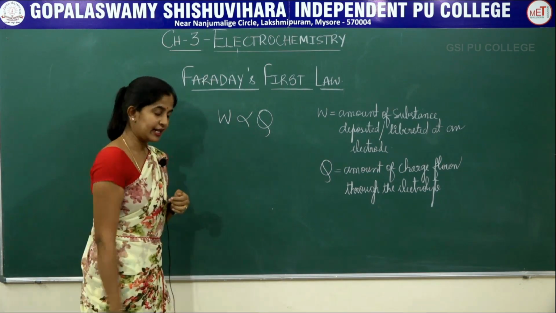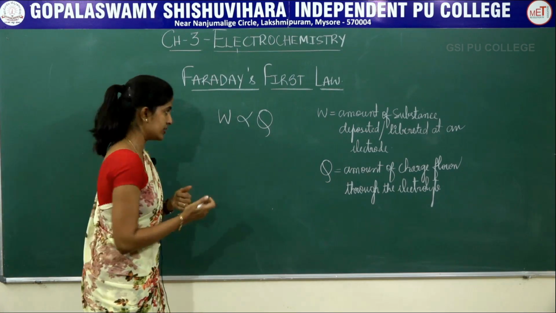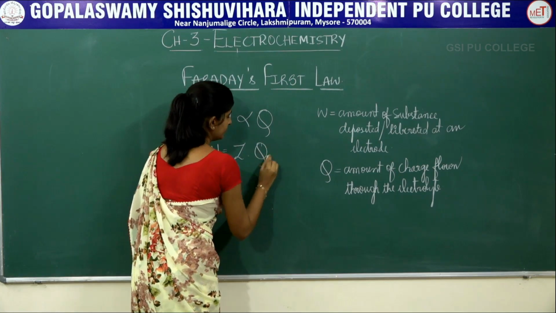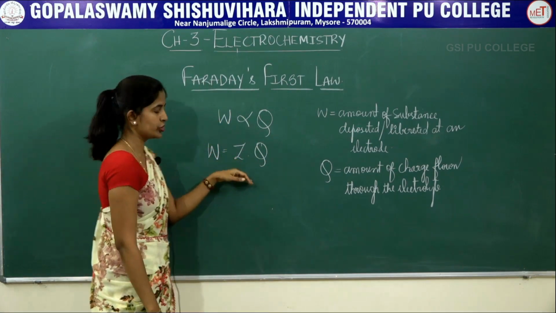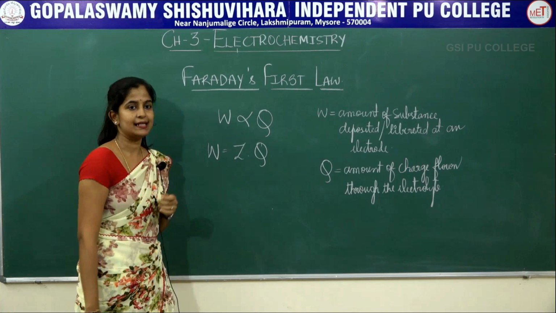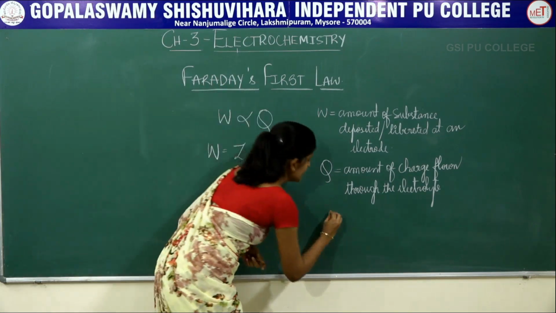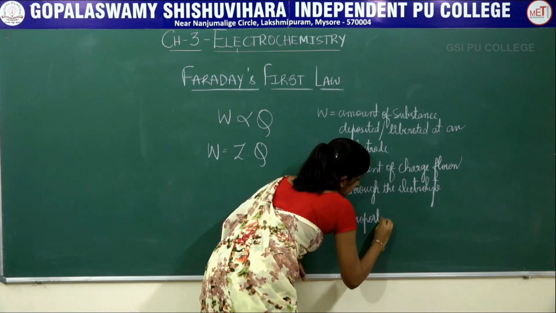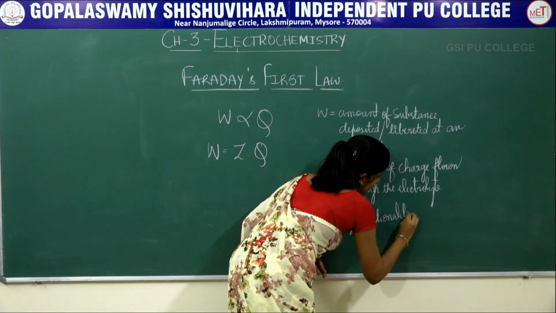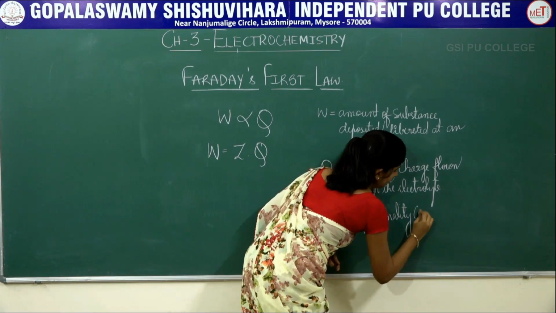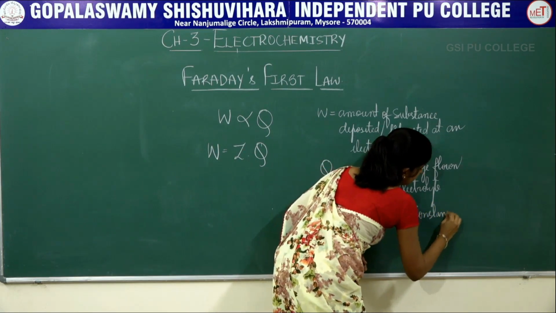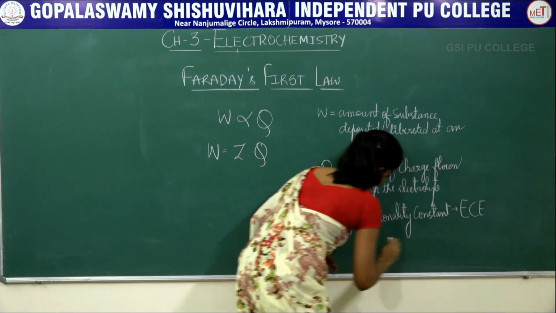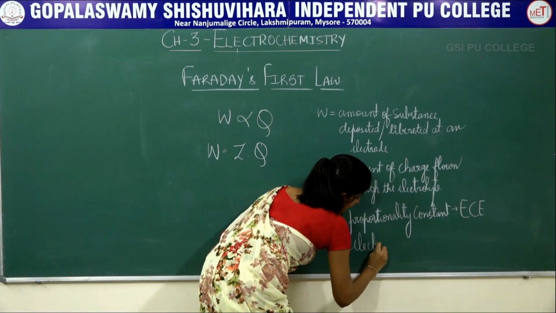This proportionality, I can remove using a proportionality constant, that is W is equal to Z into Q. Here Z is your proportionality constant, which is also called electrochemical equivalence, that is ECE.